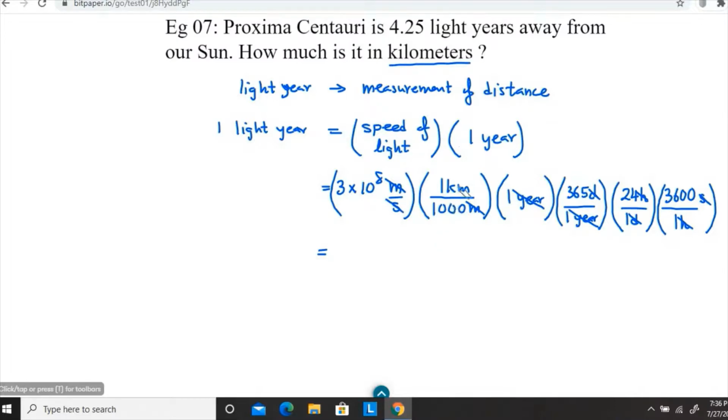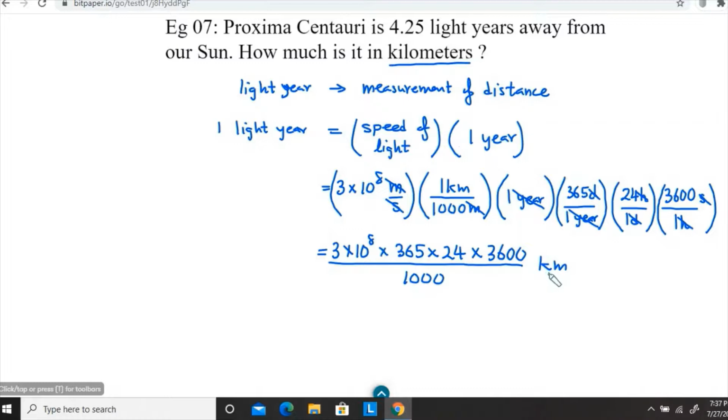So the final unit I end up with is kilometers. So I have 3 multiplied by 10 to the power 8 multiplied by 365 multiplied by 24 multiplied by 3600 divided by 1000. And the only remaining unit is kilometers, which is exactly what we need.